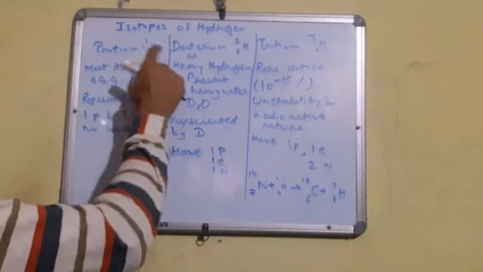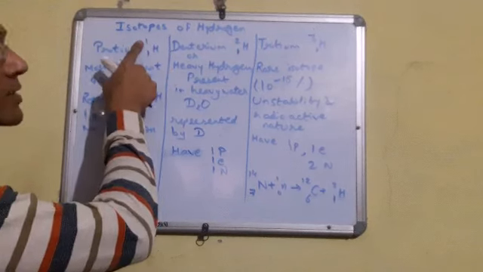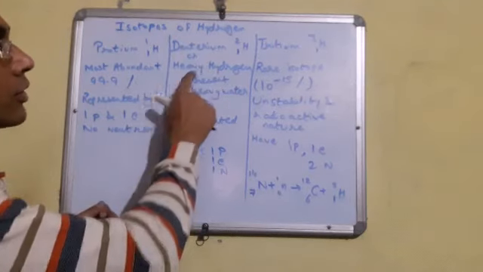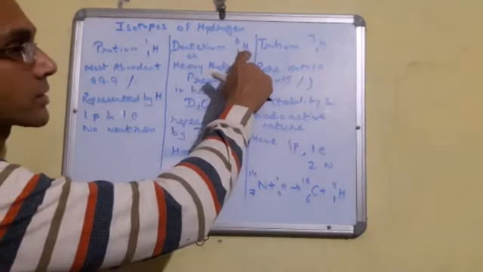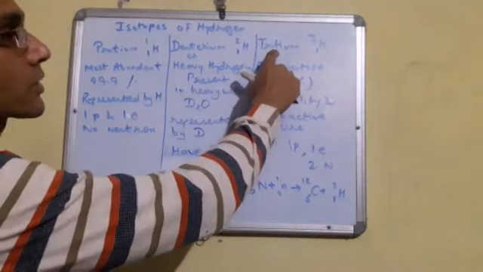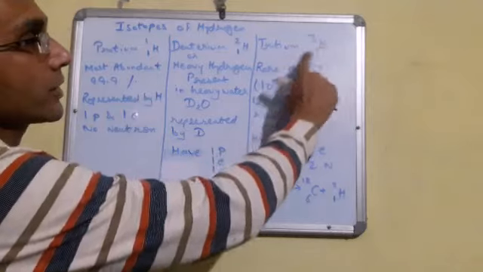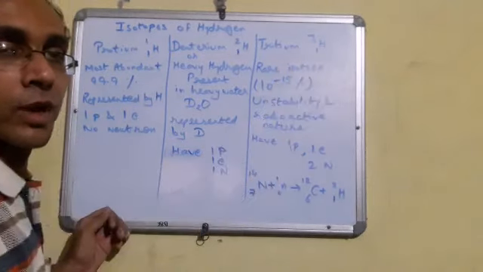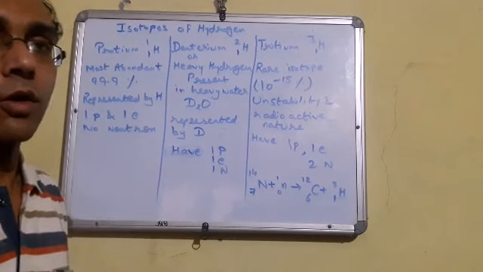It is represented as 1H1, that means mass number is 1 and atomic number is 1. Next is deuterium, also called heavy hydrogen. Its symbol is 2H1, mass number 2, atomic number 1. Third is tritium, 3H1, mass number 3 and atomic number 1. These are the three isotopes of hydrogen.